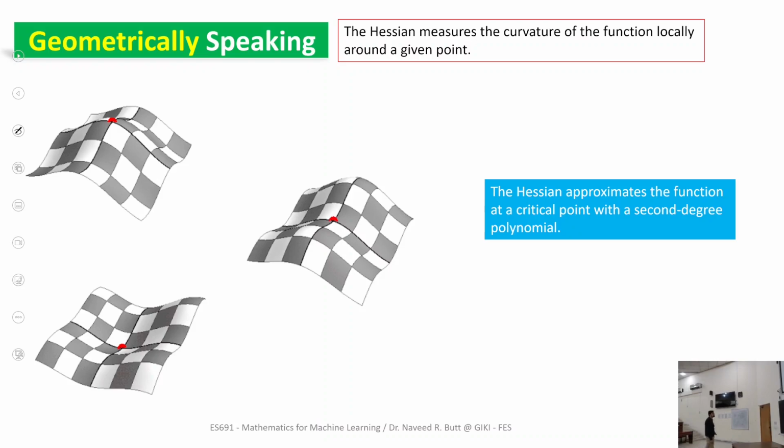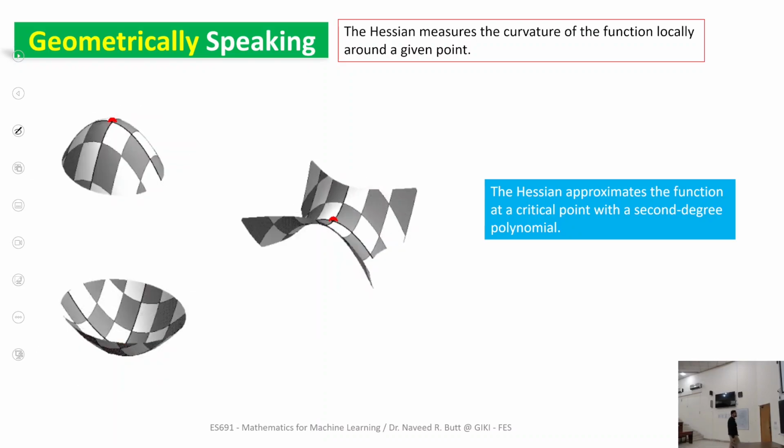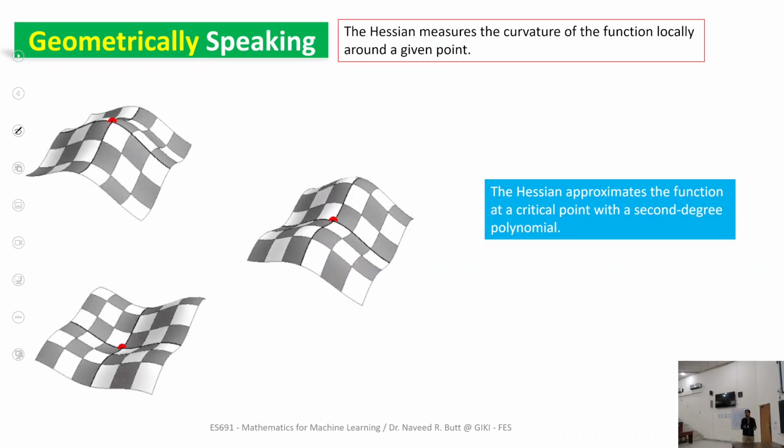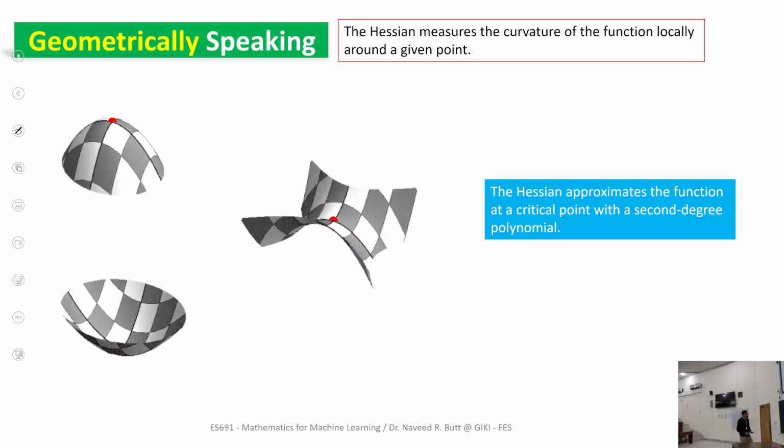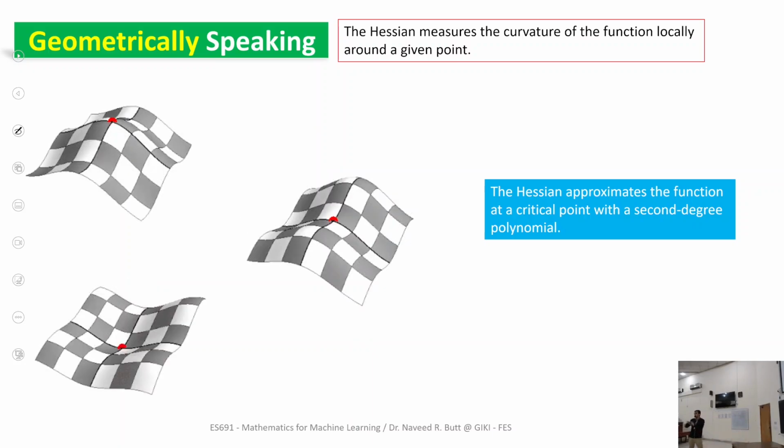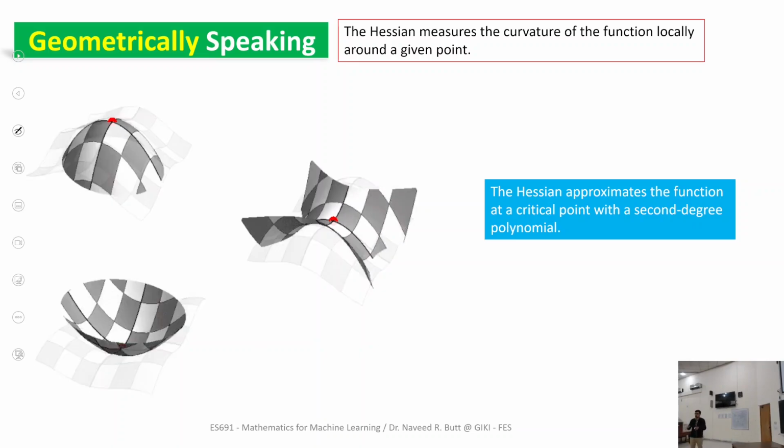So it's approximating the function by a second degree polynomial. It gives you a local guess of the curvature: convex up, concave down, or a saddle point.